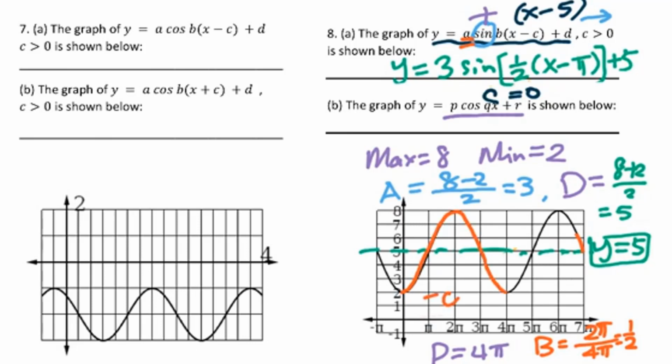This is the negative cosine x pattern. Since C equals 0, I can write down the function now. y equals negative 3 cosine, that's 1 over 2 x. Then plus 5. That's your answer.